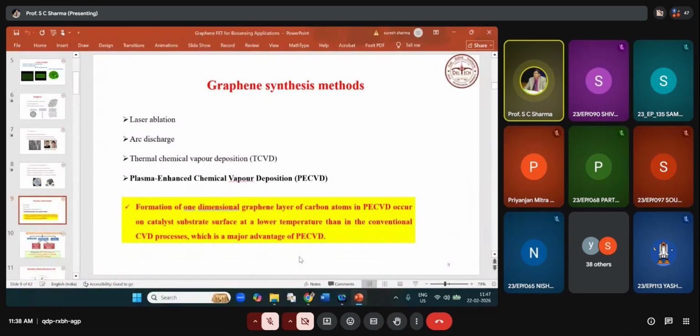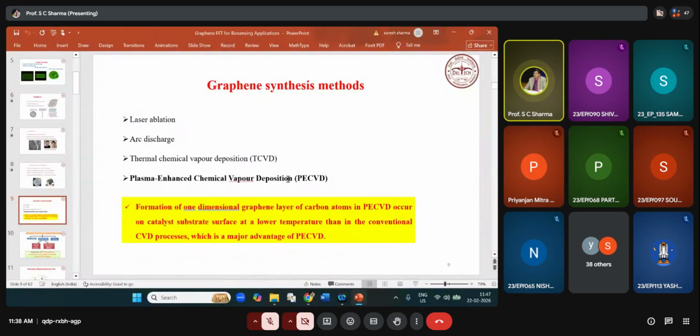These are the graphene synthesis methods I have already explained: laser ablation, arc discharge, and in fact carbon nanotubes were first fabricated using arc discharge, but here I am interested only in plasma enhanced chemical vapor deposition. Another technique is thermal chemical vapor deposition.